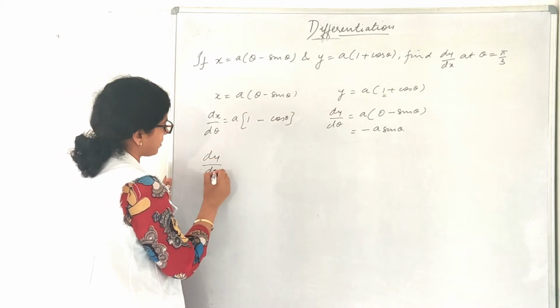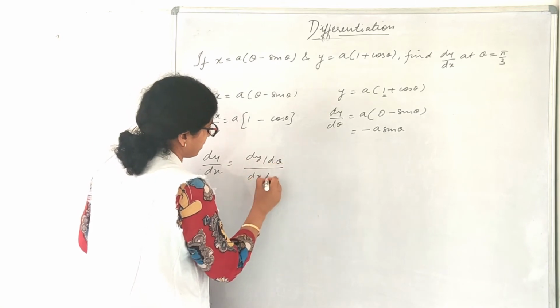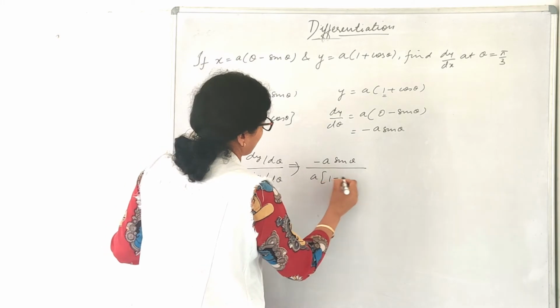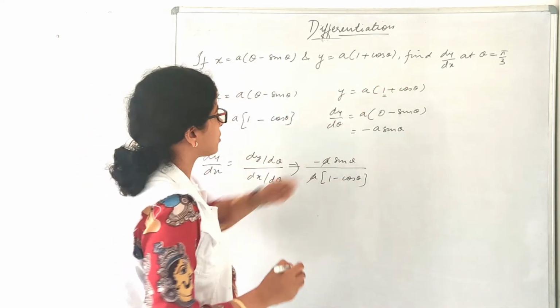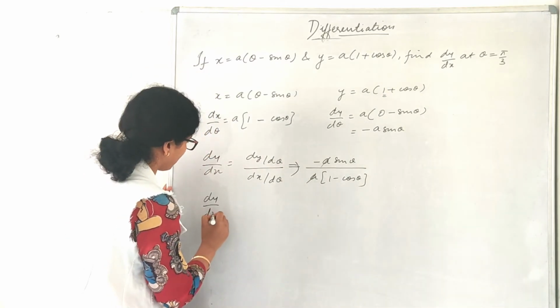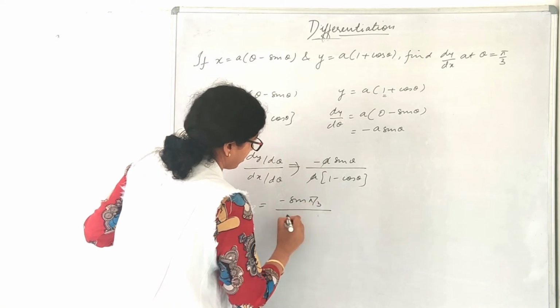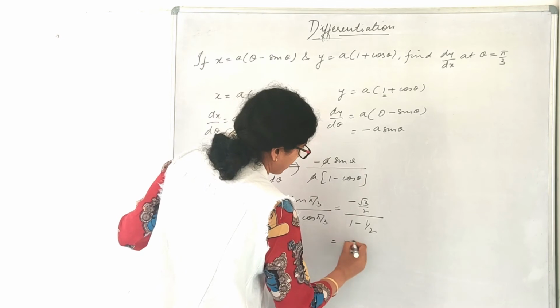So dy by dx is equal to dy by d theta upon dx by d theta, minus a sin theta upon a(1 minus cos theta). Now we have to find the value at theta equal to pi by 3. So in place of theta, we'll substitute pi by 3. So minus sin pi by 3 upon 1 minus cos pi by 3. Substitute the values, which is equal to minus root 3.